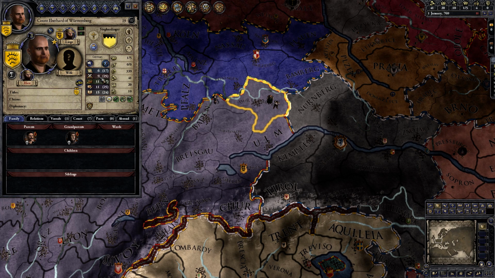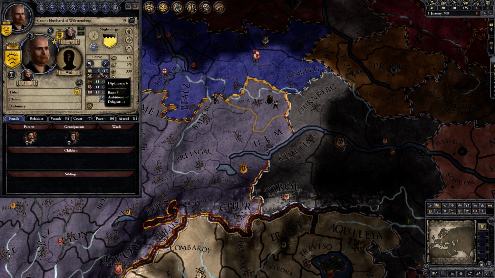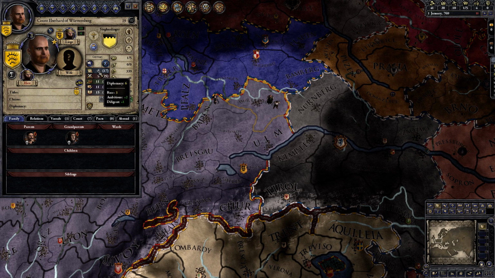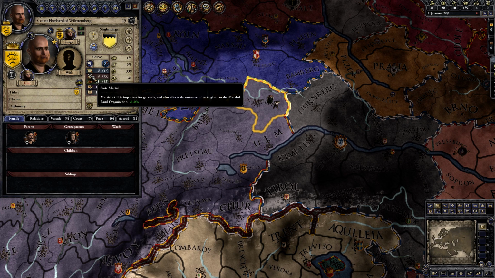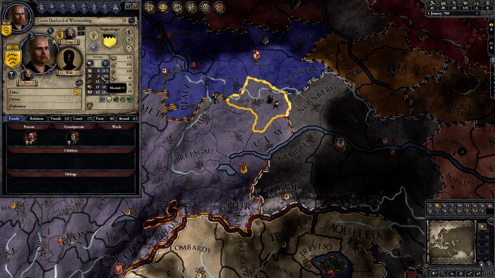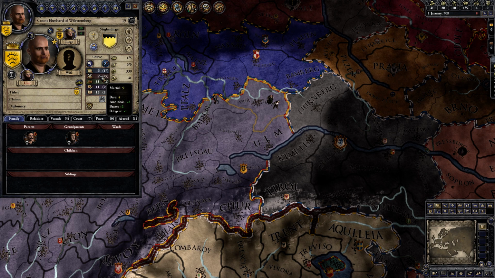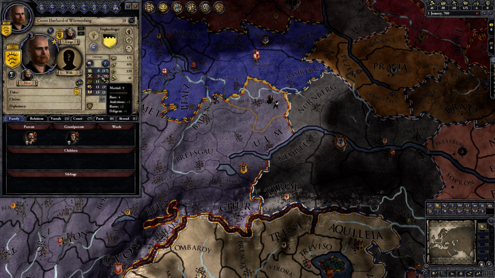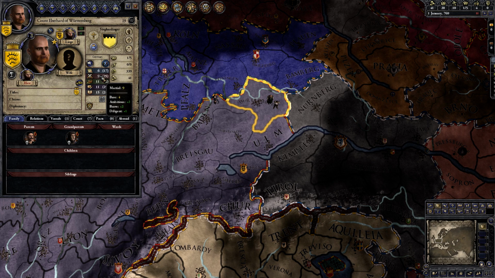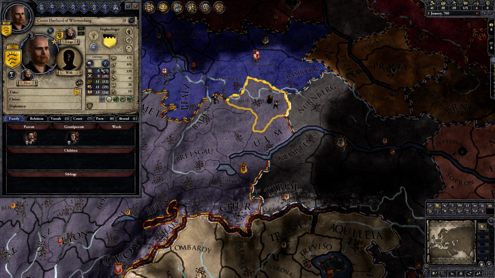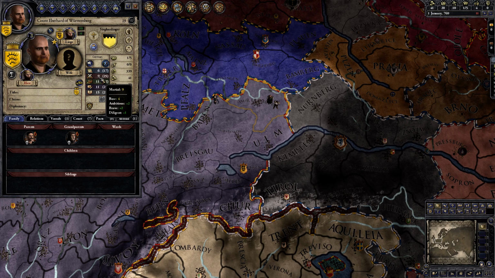So every character has 5 stats, which are his diplomacy, how good he can deal with other people, his martial score, which, oh wait, no, they are not the same. Yeah, how good he can fight, basically.